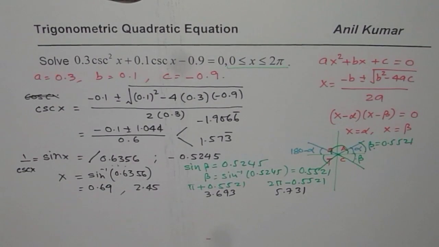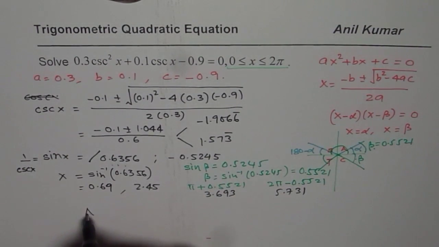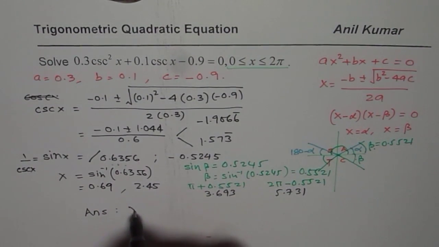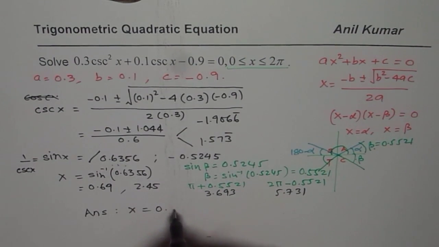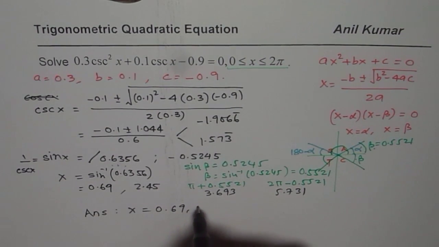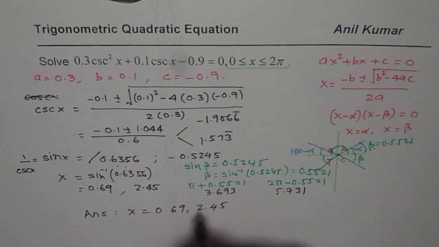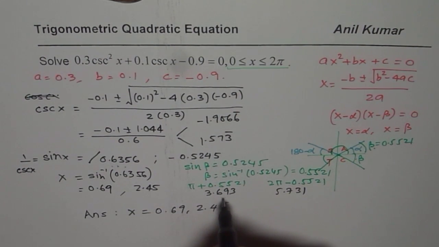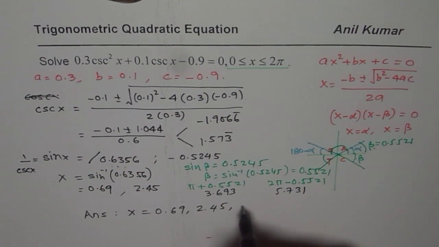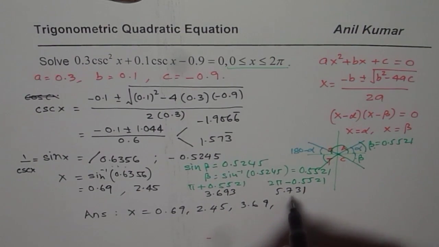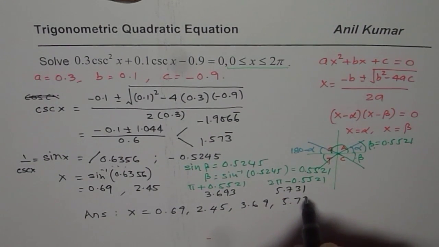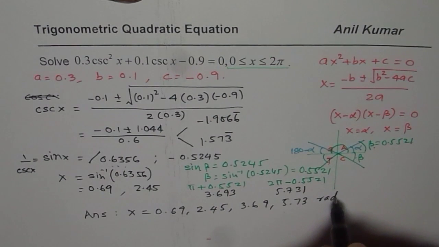That is how you get the solutions. Now you can club all these answers and write your answer. So x is equal to 0.69, 2.45, and these are all in radians, right? You can round them to two decimal places: 3.69 and 5.73 radians. So all are in radians.